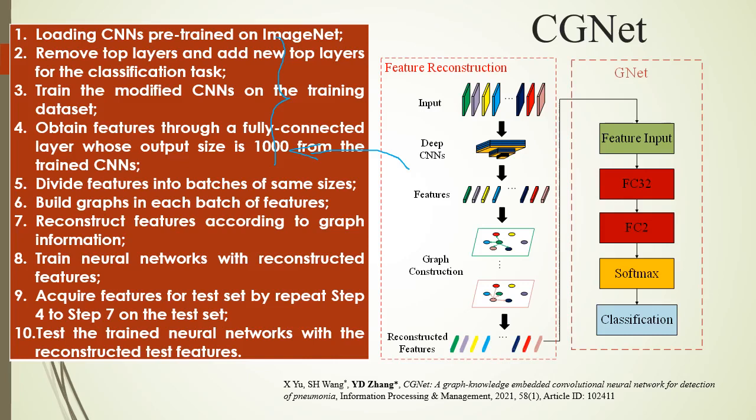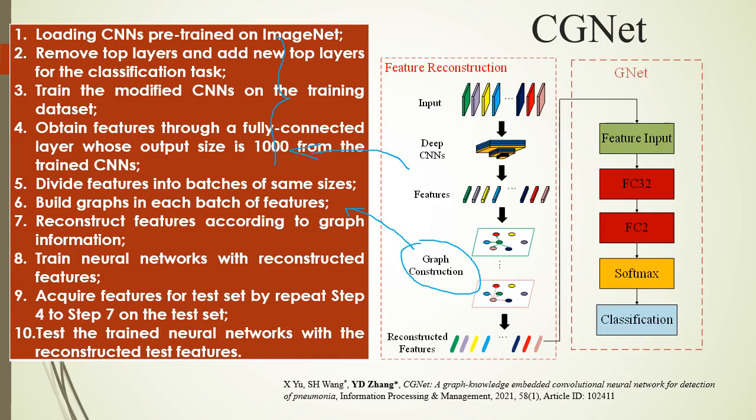Below we come to the graph construction, which is associated with steps 5 and 6, where we use the features to build the graphs in each batch of the features.